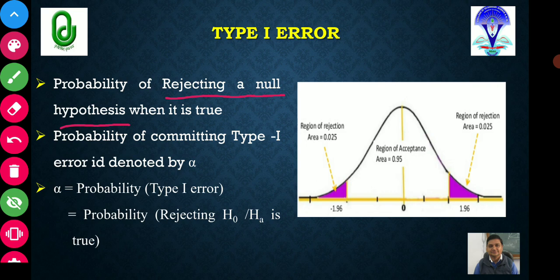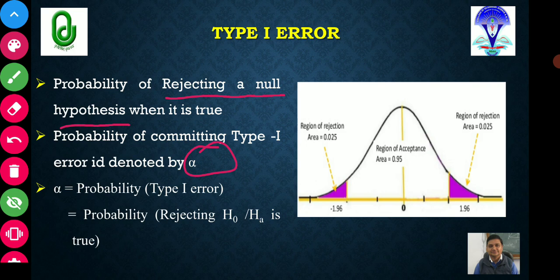So, when the null hypothesis was true, your test has rejected it. That means you have committed a mistake, and that mistake is known as type 1 error. The probability of committing type 1 error is denoted by alpha.